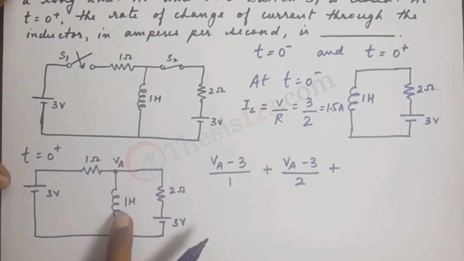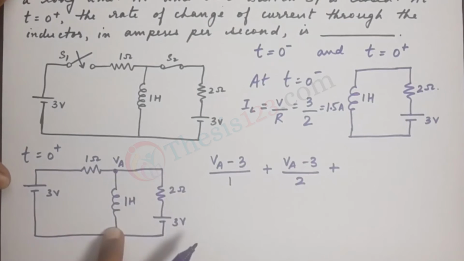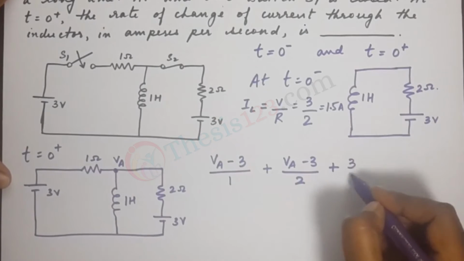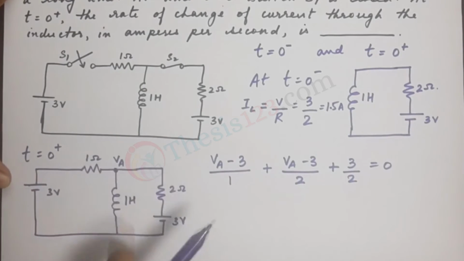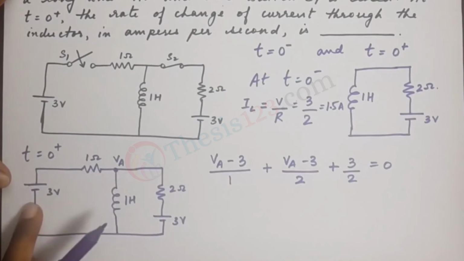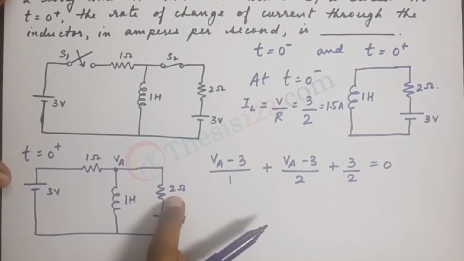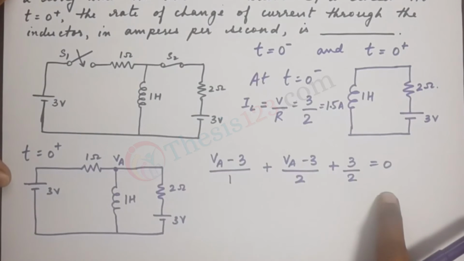So we already have the current in this branch here. We found that to be 3 by 2. So we have 3 parts in this nodal equation: VA minus 3 divided by 1, VA minus 3 divided by 2, plus the current through this branch, which is 3 by 2, is equal to 0.